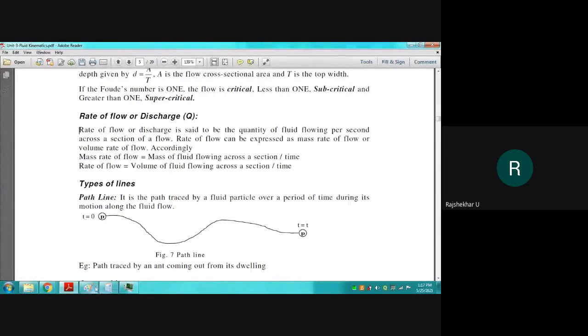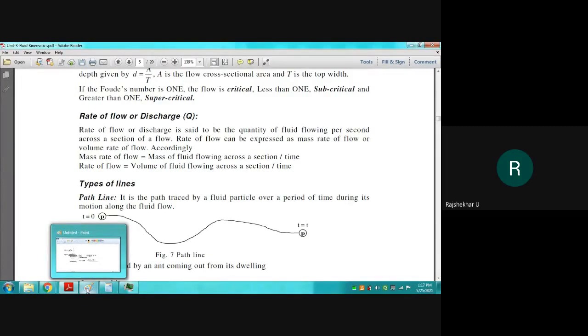Let's say in a dam, water is coming in. While it is entering the dam, it is taking some time, no? So that time and the volume of water entering the dam will be calculated. They will know the initial height of the water in the dam.